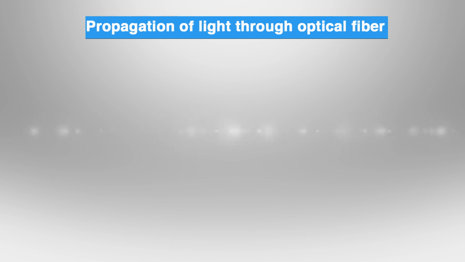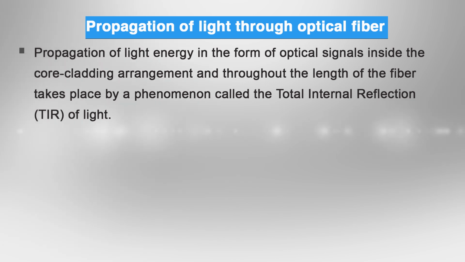Now, the propagation of light through optical fiber. Propagation of light energy in the form of optical signal inside the core cladding arrangement and throughout the length of the fiber takes place by a phenomenon called the total internal reflection of light. This phenomenon occurs only when the refractive index of the core is greater than the refractive index of the cladding, and so the cladding is made from glass of lower refractive index.